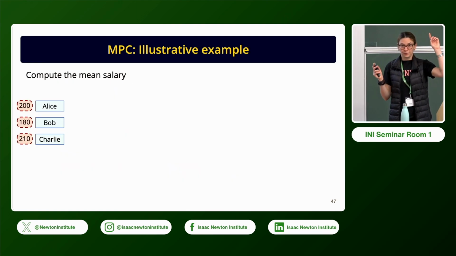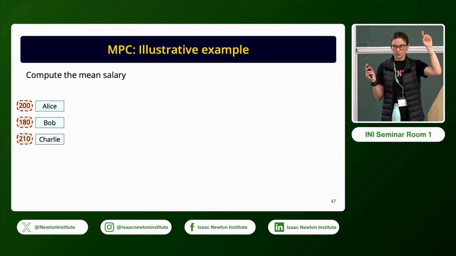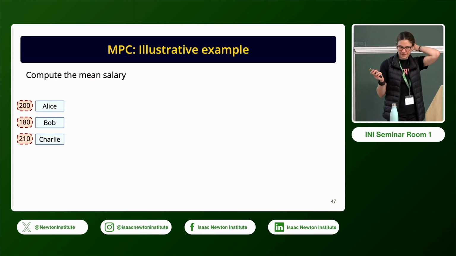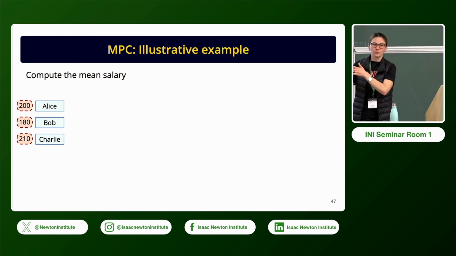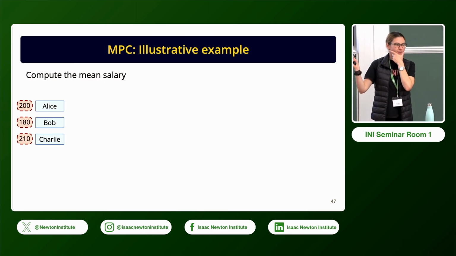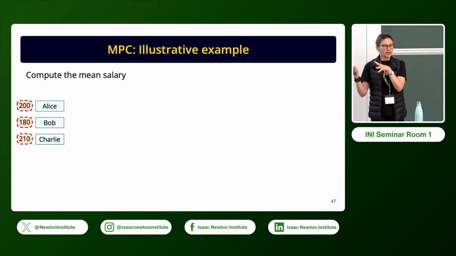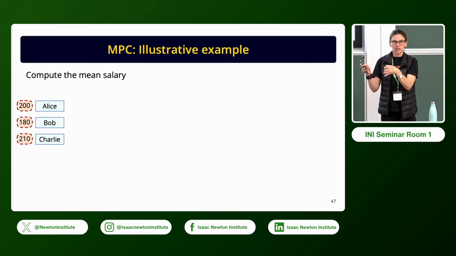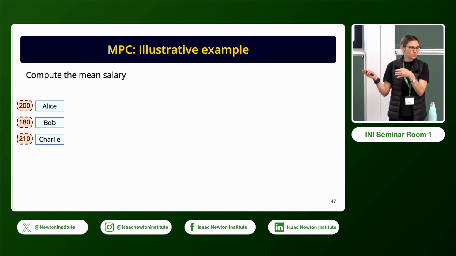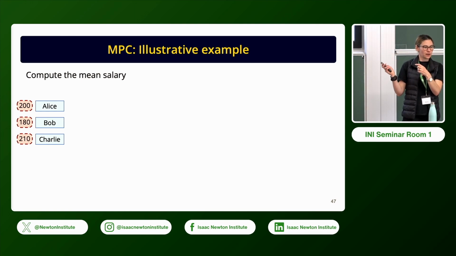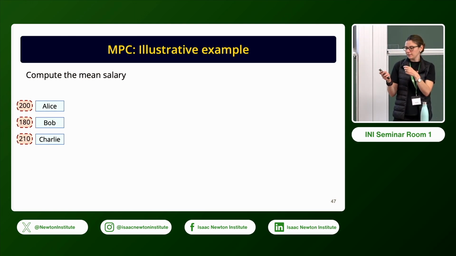Who here knows what MPC is? Multi-party computation. Anyone? Okay, I'll very quickly go through it. It's very simple, at least for computing a mean. Here we have three people, Alice, Bob, and Charlie, who want to figure out their average salary. Alice has a salary of 200K, Bob 180, and Charlie 210.